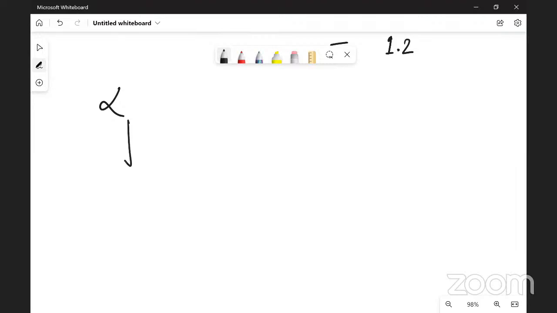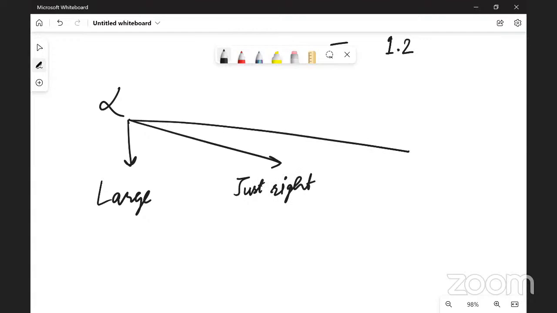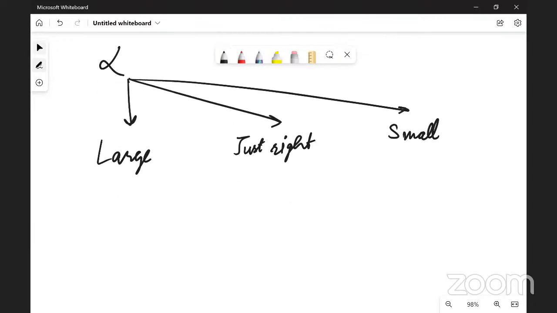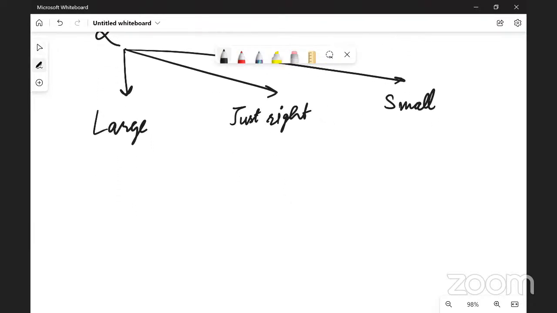One is, let's say it is very, very large. Let's say it is just right. And let's say it is very, very small. So what kind of behavior are you going to see in your training session when you are using alpha very large, just right or small?